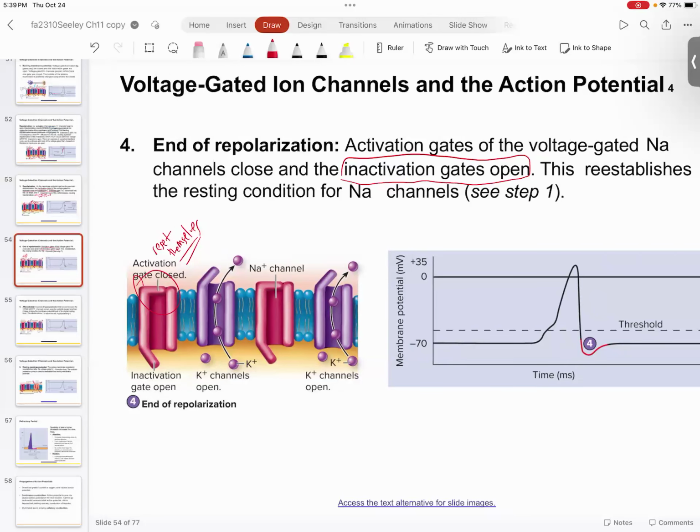But if you notice, your potassium gates are still open, still allowing potassium to flow through, further reestablishing the polarity of the membrane and recreating the hyperpolarization.